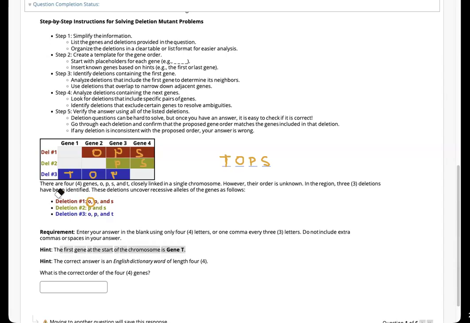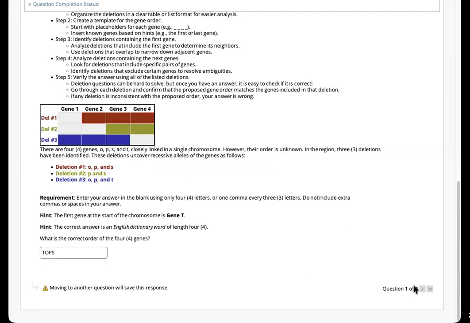Deletion 1 contains O, P, S. Deletion 2 is P, S. These are written in alphabetical order. So this is O, P, T, right? And so our answer TOPS makes sense. We enter that in the blank, and then we can move on to the next question.